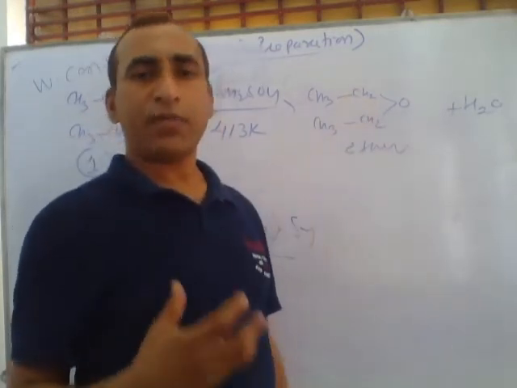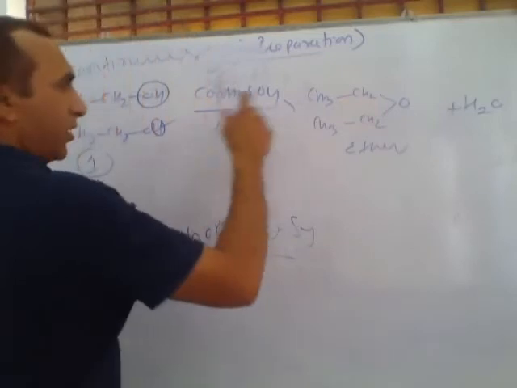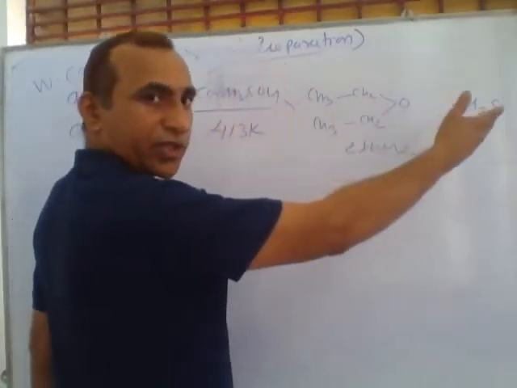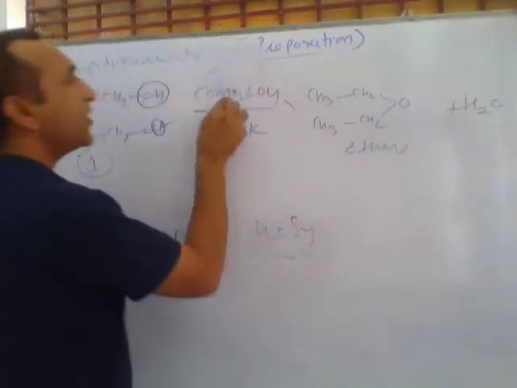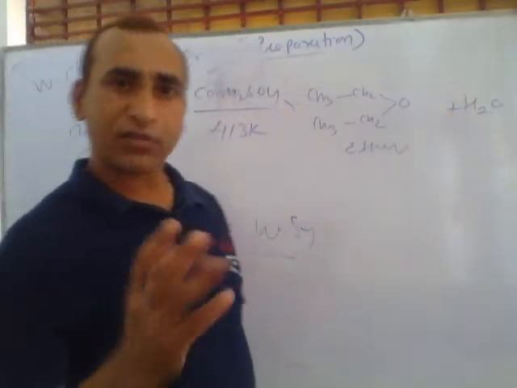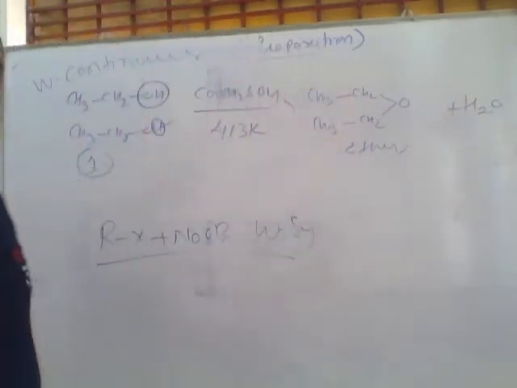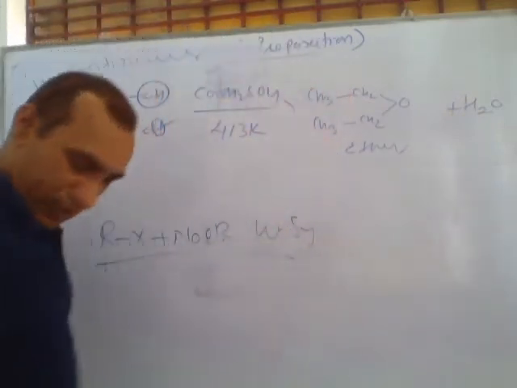But actually it does not happen, because the water molecule which forms as a side product dilutes the concentrated sulfuric acid. If concentrated sulfuric acid becomes dilute, the reaction slowly becomes slow, and after some time the reaction does not happen.